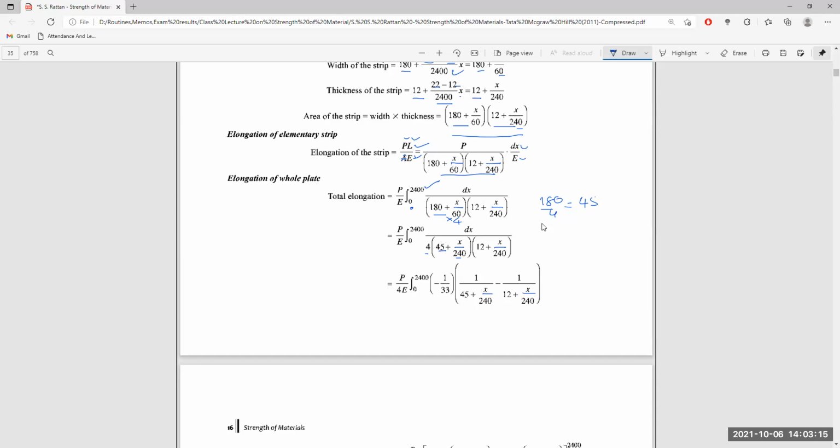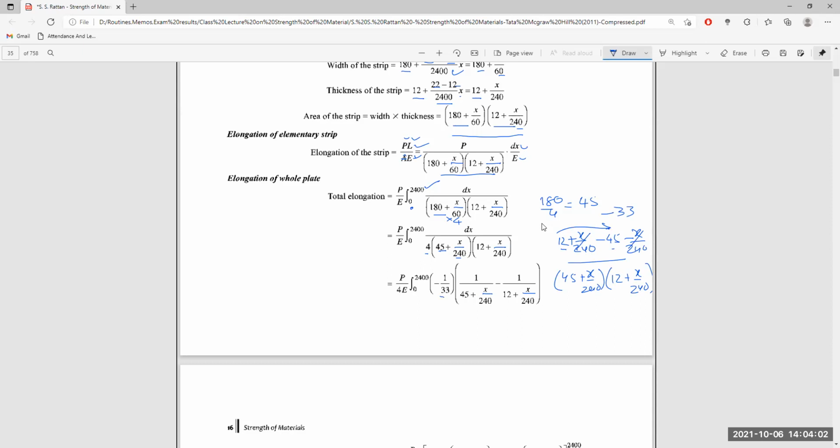Calculating it like this, they cancel each other, and 12 and minus 45 become minus 33. So we have to remove this by putting another minus 1 by 33 here.